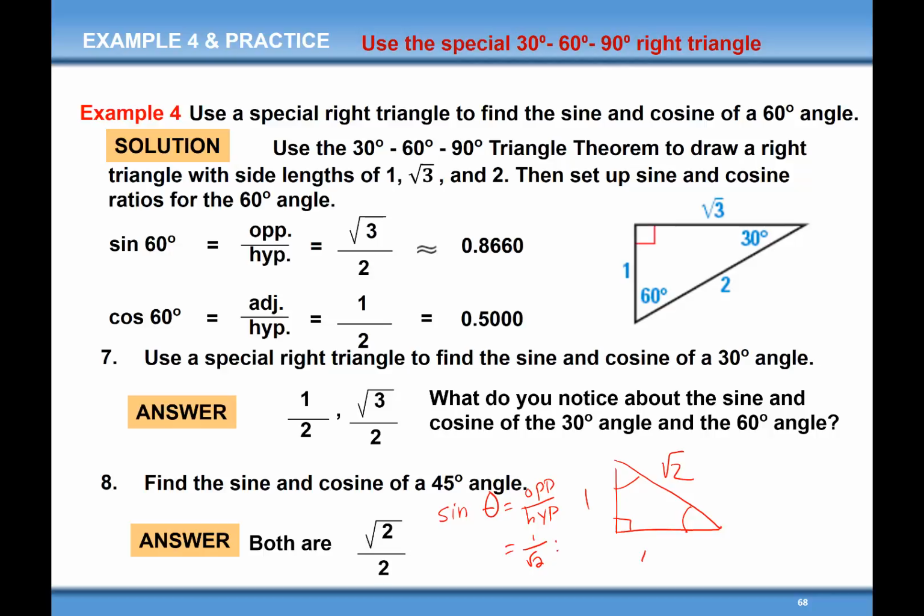You can't have a radical in the denominator, so you have to multiply them both by radical 2, and that's where we get radical 2 over 2, because remember this becomes radical 4, which is 2. The cosine of theta is adjacent over the hypotenuse, but when you sub it in, you're going to get the adjacent is 1 over radical 2, so it's the same thing. So the cosine and the sine of 45 degrees are both radical 2 over 2.